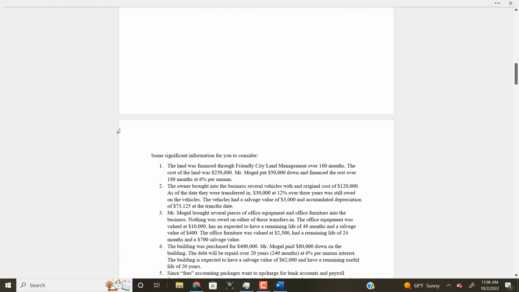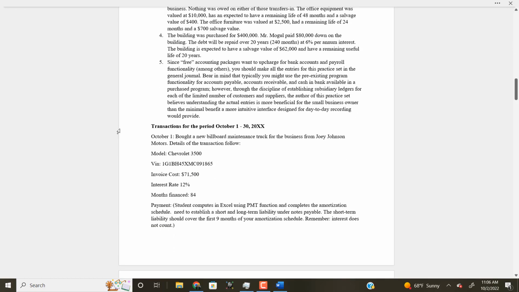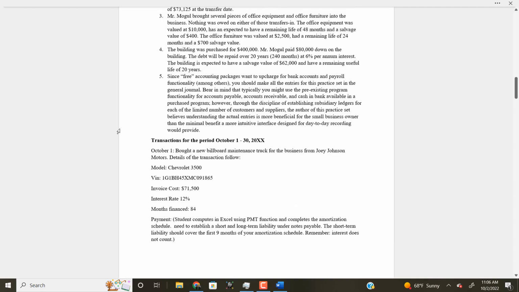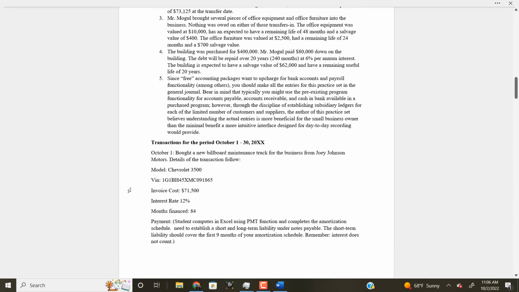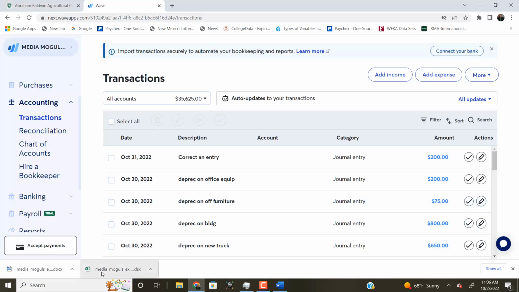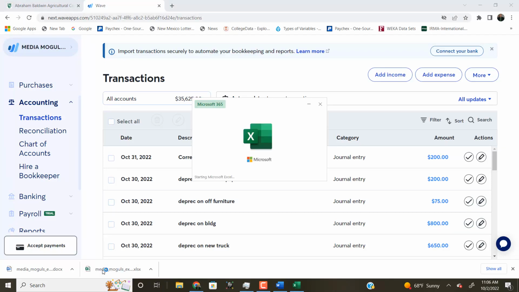But if you were going to do them from scratch, like you're going to be doing in December, you would start with these two files. The first one is Exhibit 1, of course, and the second one is Exhibit 2. So I'll bring it up as well because I'm going to have it as I work through these entries.